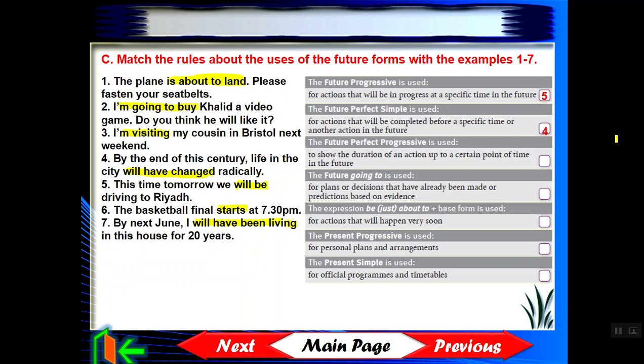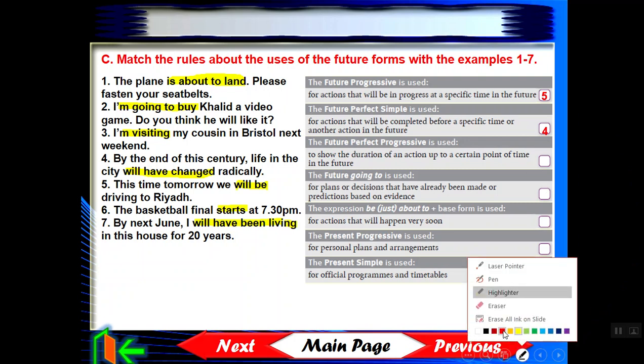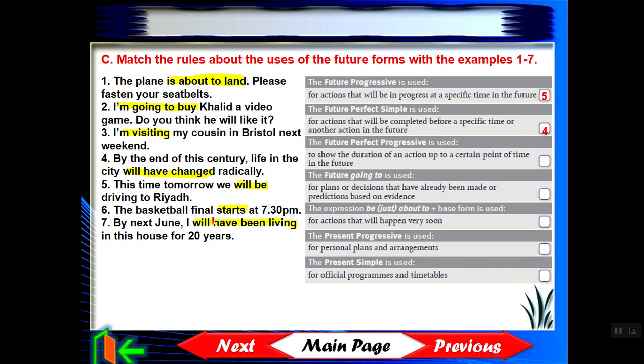It is number 4. By the end of this century. This is by the end. Okay? By the end of this century. That means it is the right time.